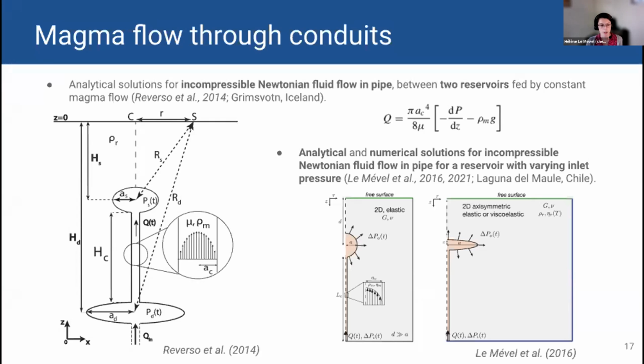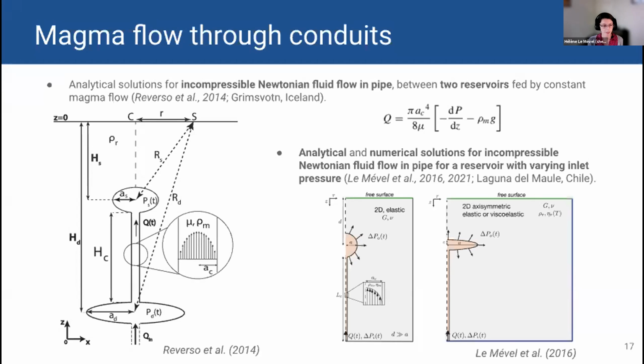If we assume a flow of Newtonian incompressible fluid through a cylindrical pipe, then the flow rate between the inlet and the outlet of this pipe, so between here and here, named Q here, is proportional to the difference in pressure between the 2 points and to the conduit radius, and inversely proportional to the fluid viscosity.